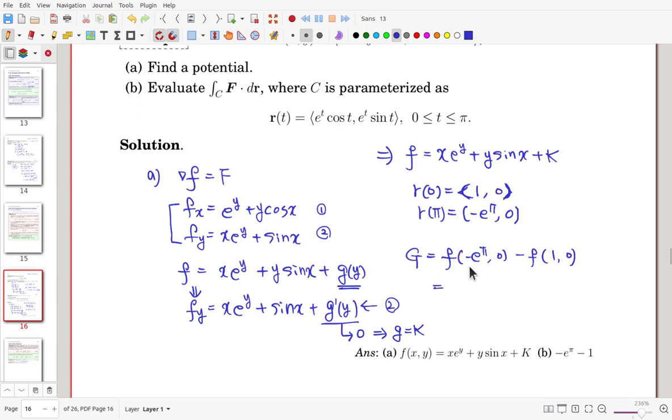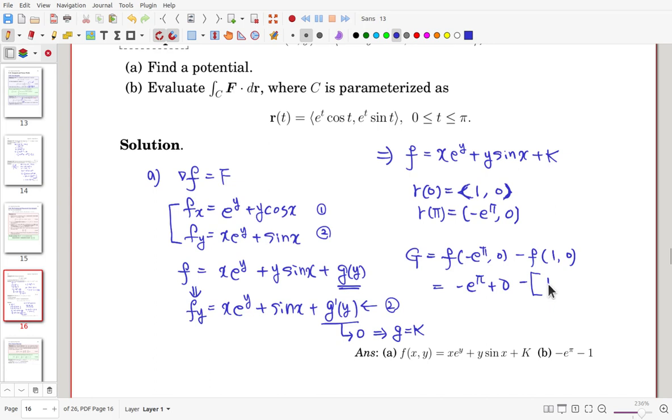Okay. Now, x is minus e to the pi and y is 0. Then from this one, we have minus e to the pi. And now y is 0, so that will be 0. And minus, for F(1, 0), x is 1, y equals 0.